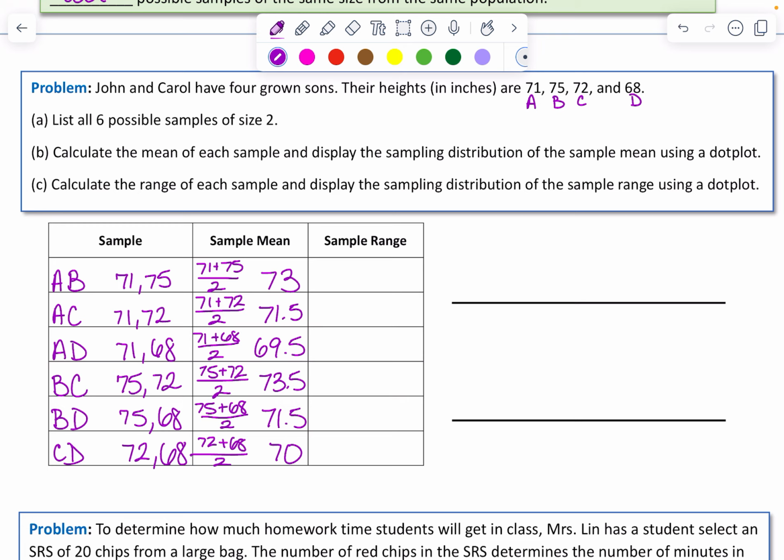Okay, so we have all of our sample averages, sample means.